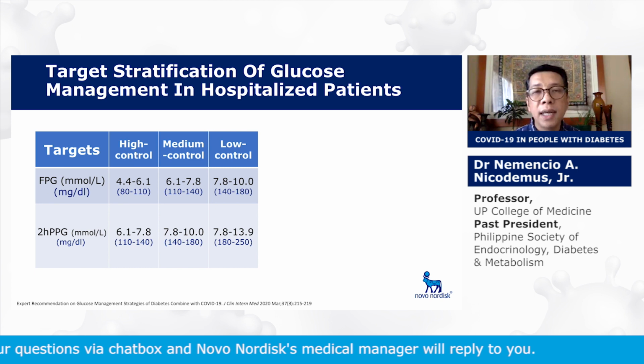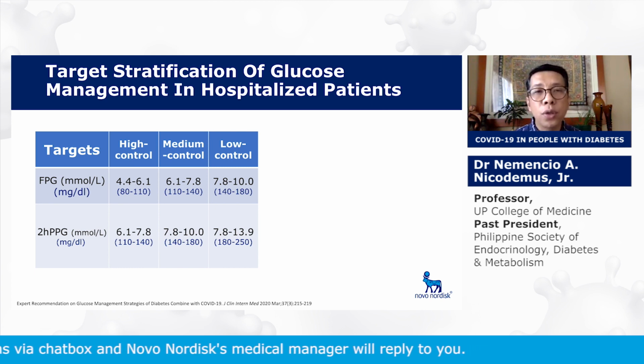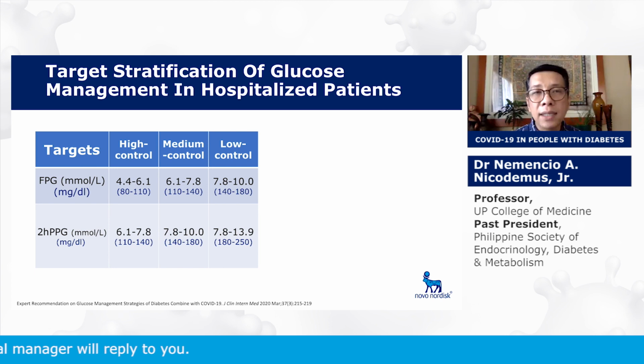You can see that if you want to strictly control the blood sugar of your diabetic patients, it is recommended that their fasting plasma glucoses be between 80 to 110 milligrams per deciliter and their postprandial blood glucoses be between 110 to 140 milligrams per deciliter.